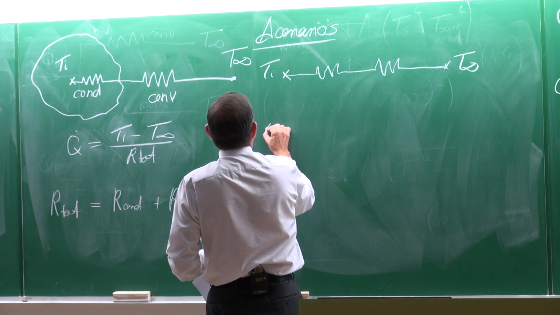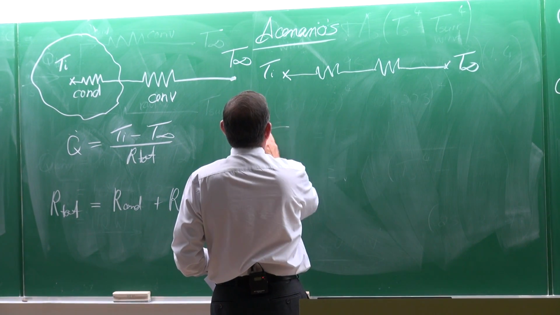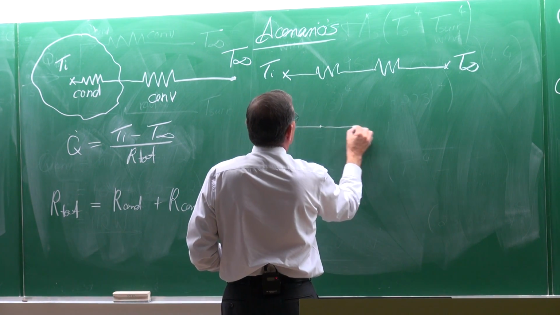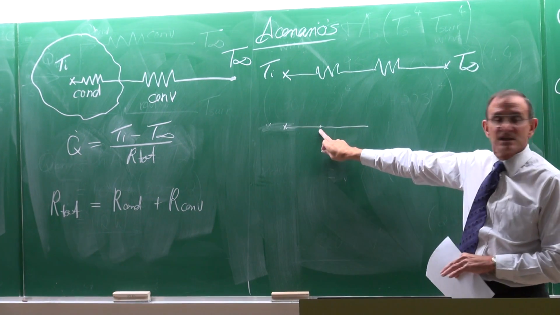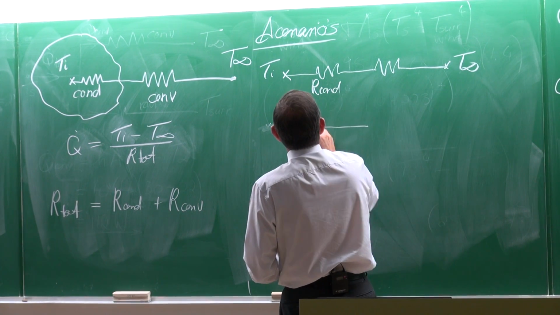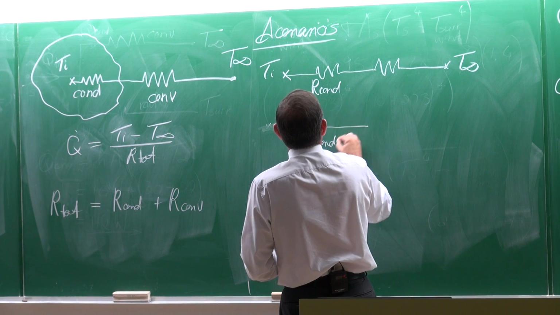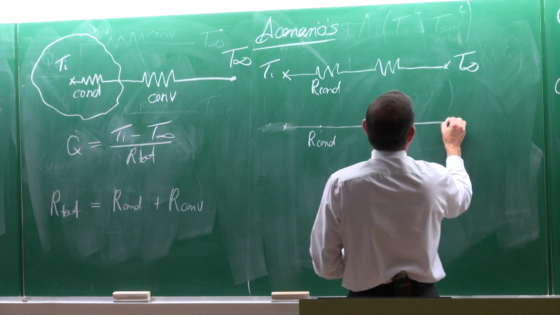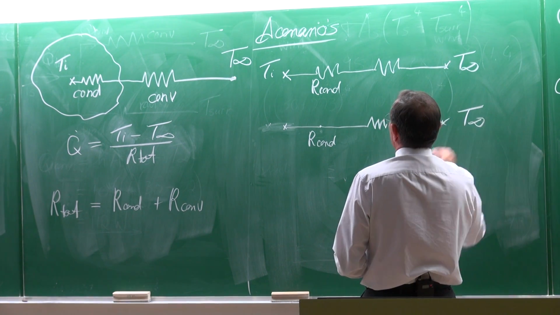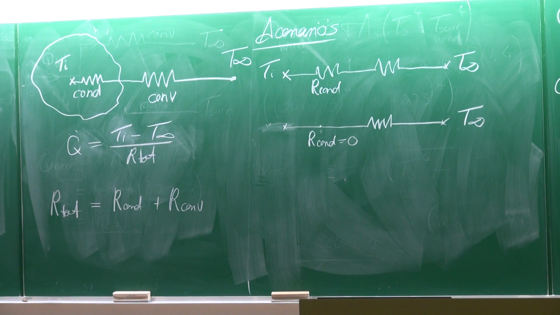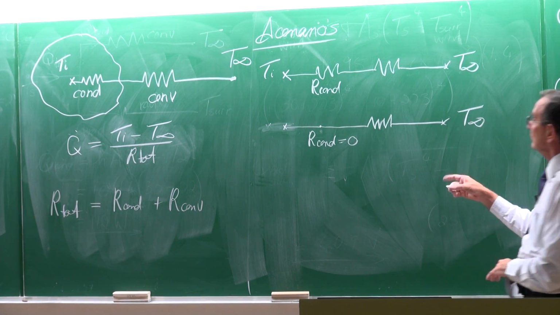But then we can have some other extremes. And that is the extreme where the resistance of conduction, and then we've got that resistance term there and there, is almost zero, close to zero.